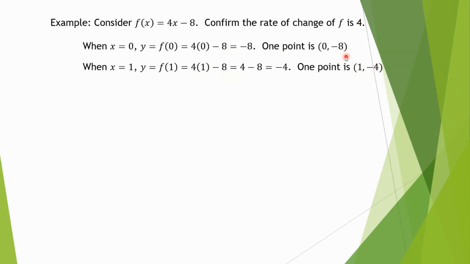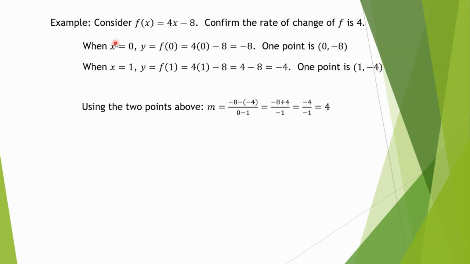Negative 8 plus 4 is negative 4. Or you can also calculate the slope. That's what I'm doing here. The slope is 4. I mean, you probably could tell by just looking at the equation, but this kind of confirms it, for these two examples at least. Okay, that's one example.